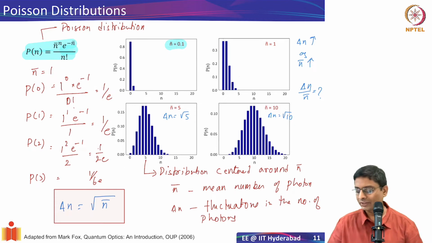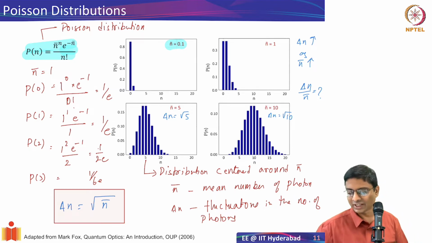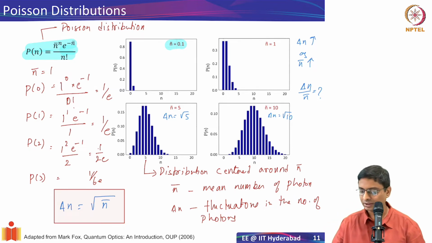So if you take the case of 0.1, delta n over n bar: the square root of 0.1 is 0.3 something, divided by 0.1, so roughly 3.